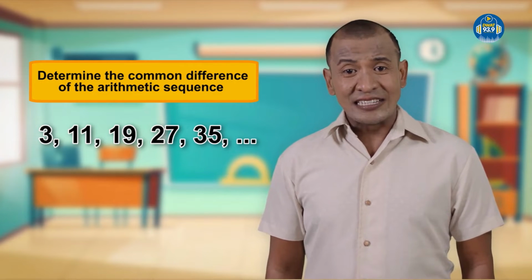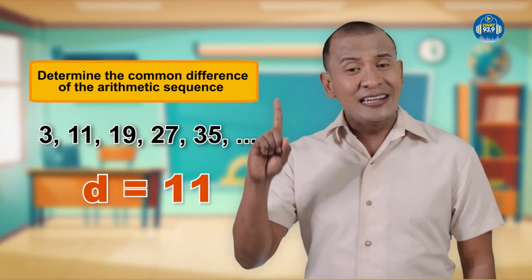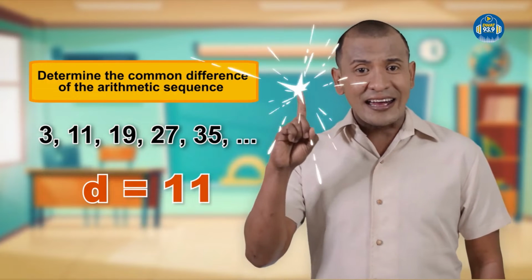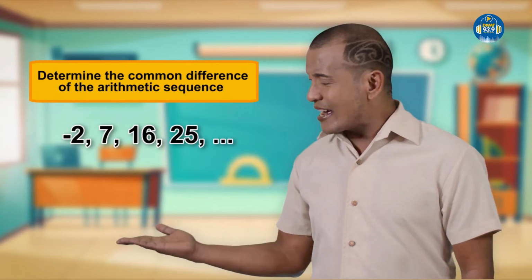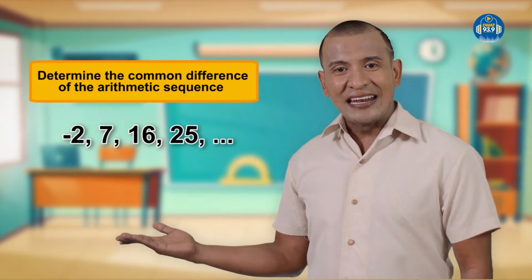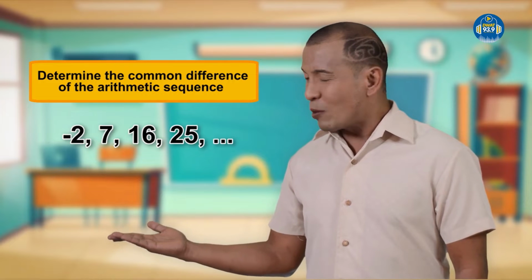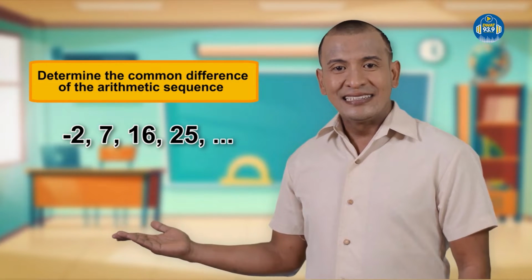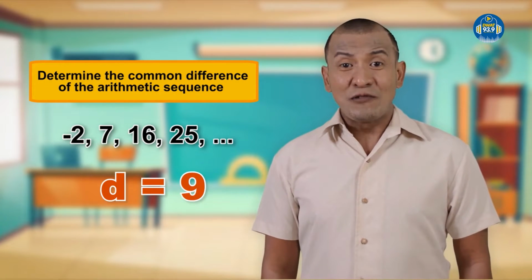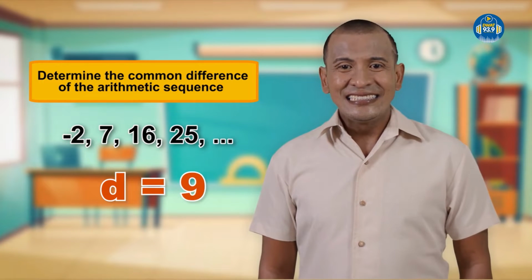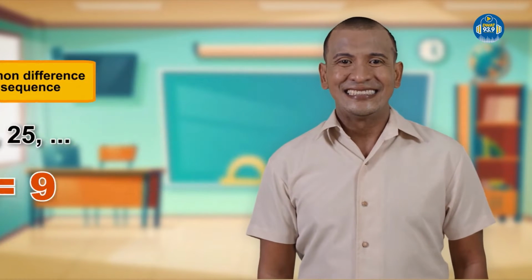If your answer is d equals 8, then you are correct. Now what about the common difference of the arithmetic sequence negative 2, 7, 16, 25? If your answer is 9, then you are right.